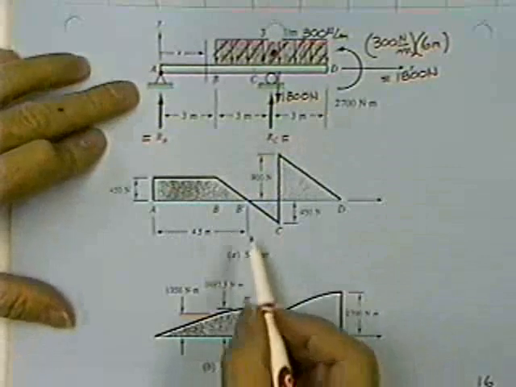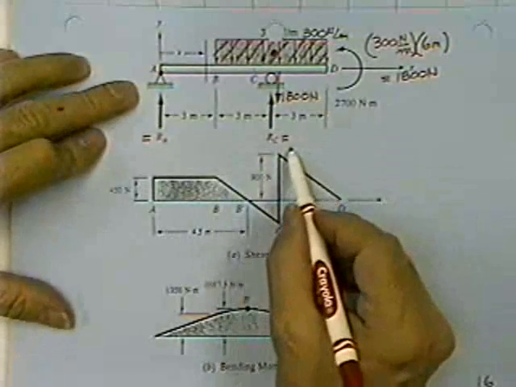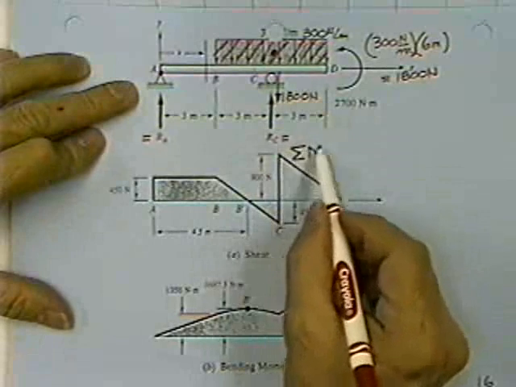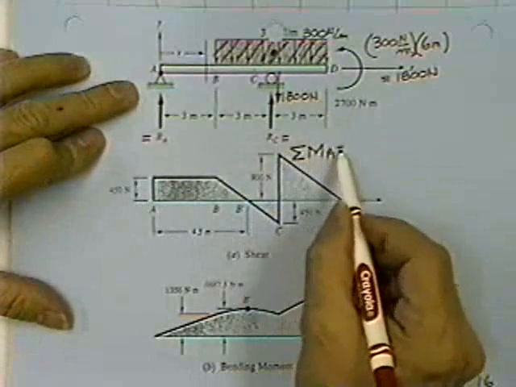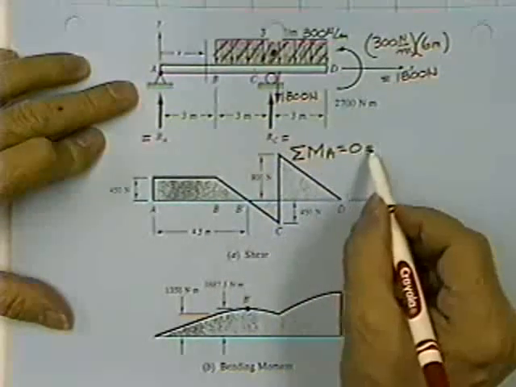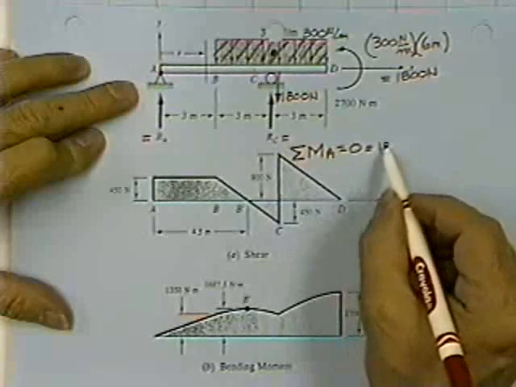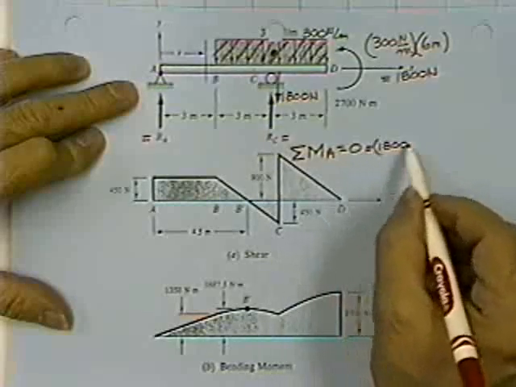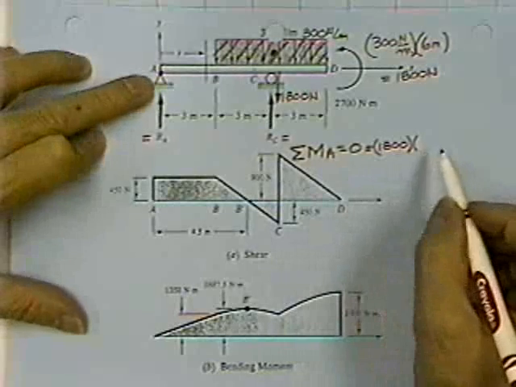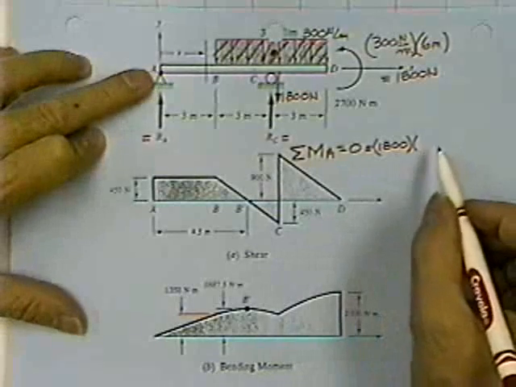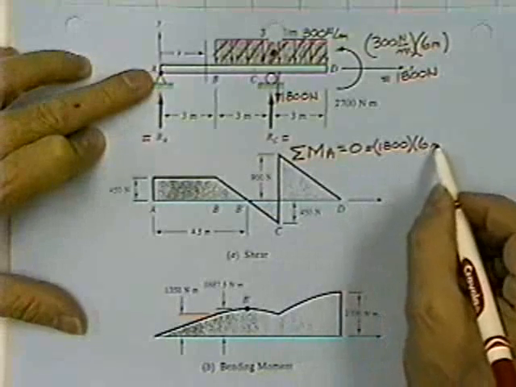And I'm going to sum moments about A. The equation says the sum of moments about A is equal to 0, is equal to 1,800 times how far it is from point A, 6 meters.